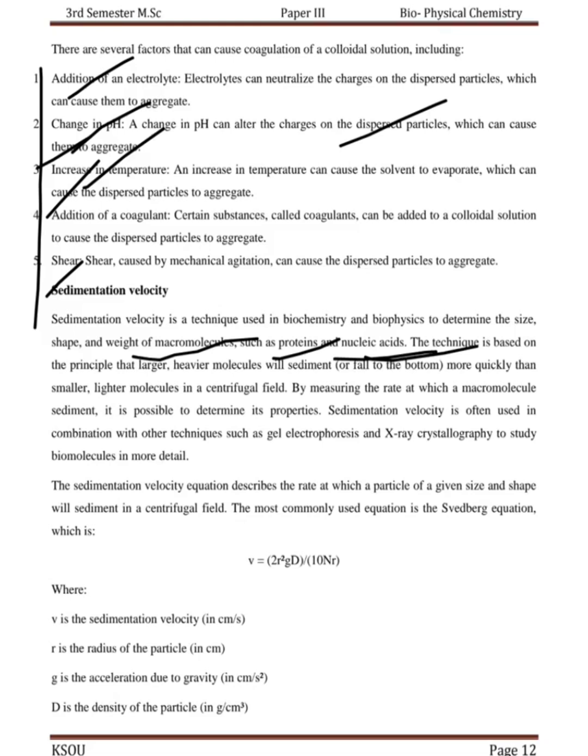So here it is proteins and nucleic acids, having DNA and RNA strands. Proteins are different combinations of amino acids. There are 21 amino acids. So on different combinations, the proteins will be formed.